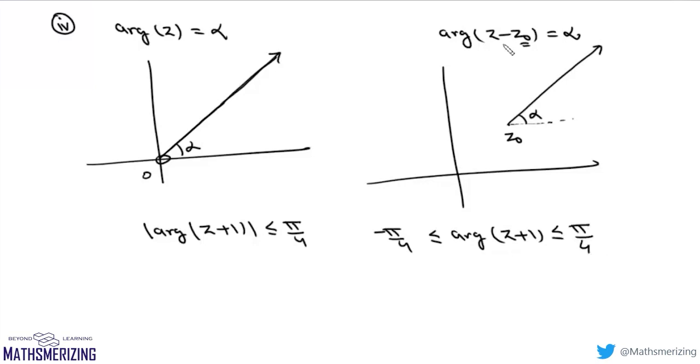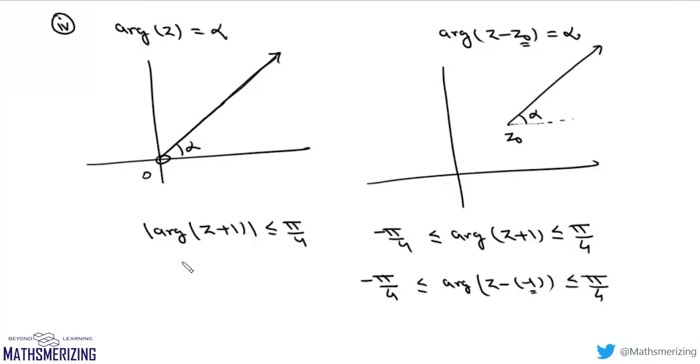Now standard form is z minus z naught. So we have to write it as minus pi by 4 is less than or equal to argument of z minus of minus 1 is less than or equal to pi by 4. So we have to draw the angles from this minus 1.